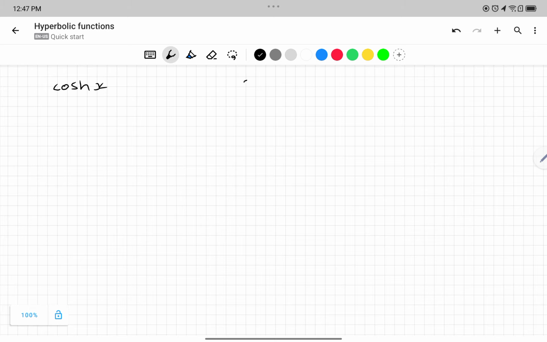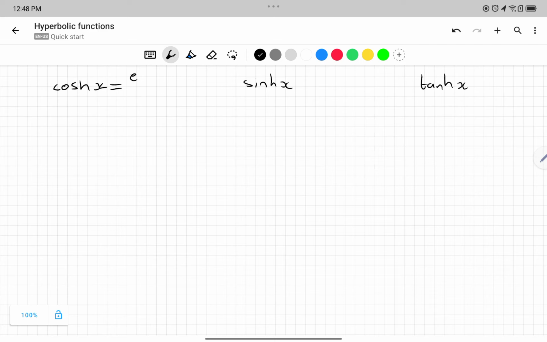There's hyperbolic sine, and then there's hyperbolic tan. There's a lot more, secant, cosecant, yeah. But in terms of sketching the graphs, these ones are a bit easier than the other ones, I would say.